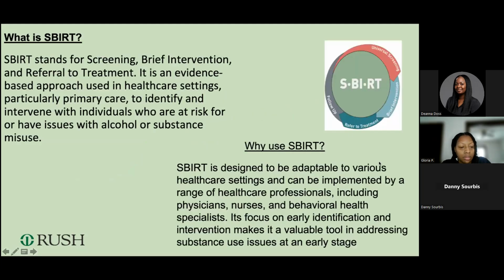So what is SBIRT? So SBIRT stands for Screening, Brief Intervention, and Referral to Treatment. It is an evidence-based approach used in healthcare settings, particularly primary care, to identify and intervene with individuals who are at risk or have had issues with alcohol or substance misuse.